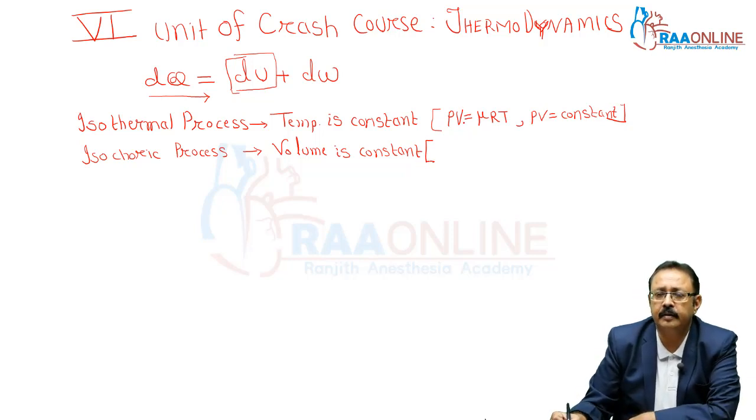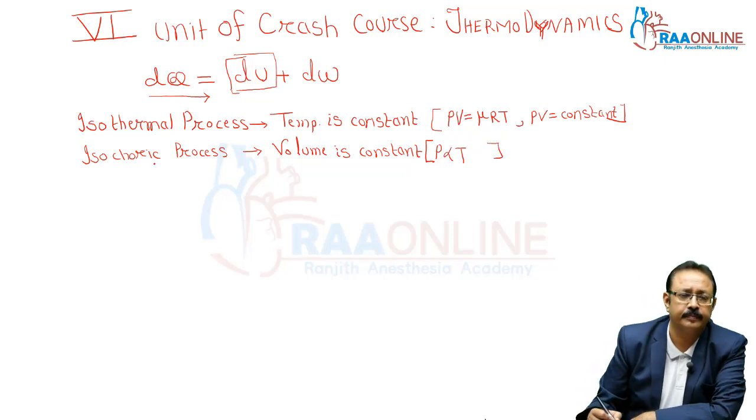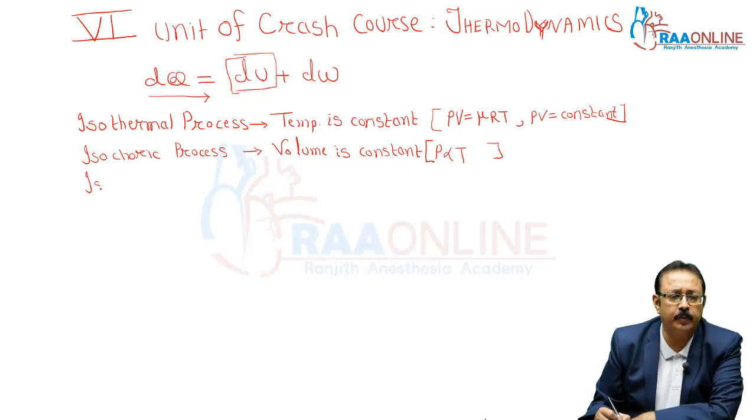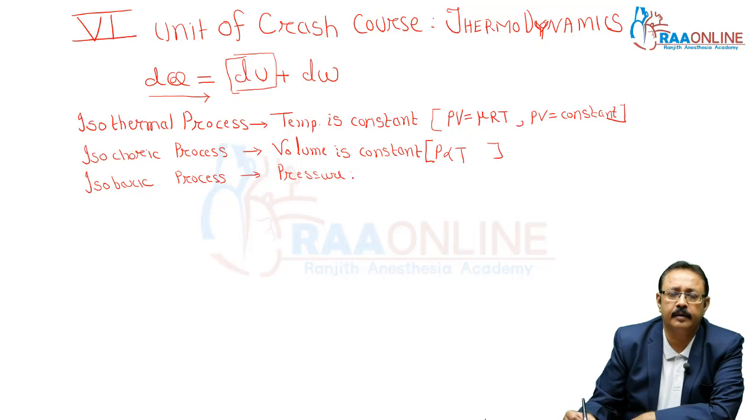Volume is constant, mu and R are constant, means P is directly proportional to T. Pressure law. In the isobaric process, pressure is constant. If pressure is constant, V is proportional to T. Charles law.